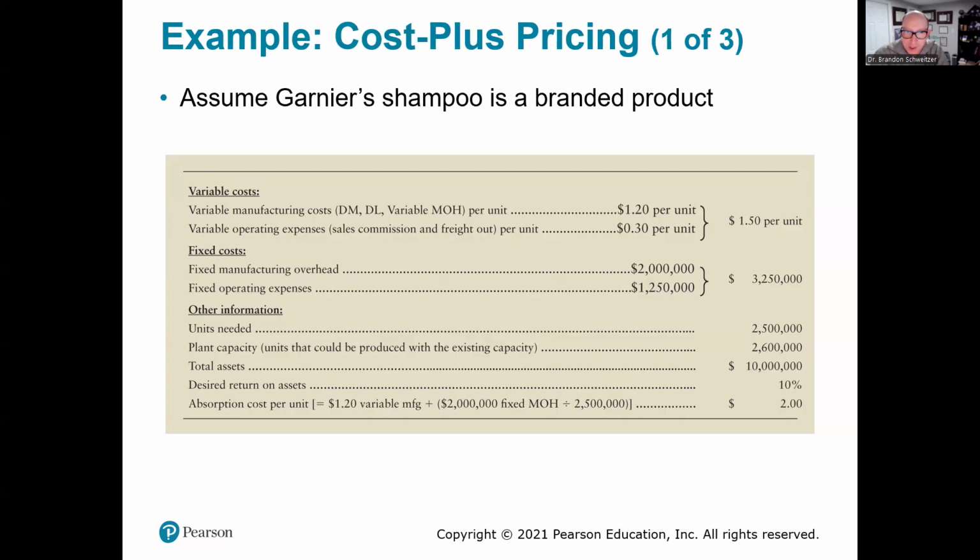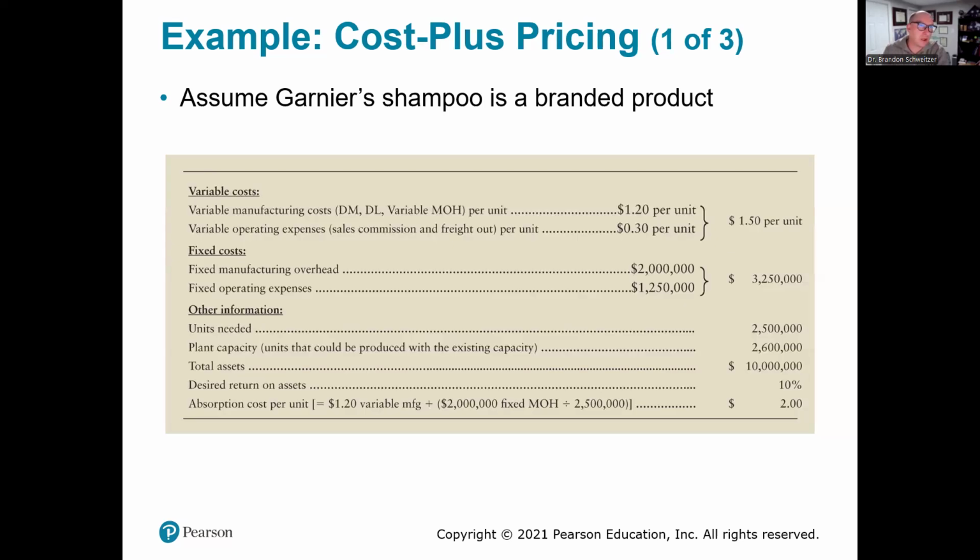We have some other additional information: the number of units that we need to produce, the capacity that we have available, our total asset value, and our desired return on our assets, also known as our internal rate of return. And then we also have an absorption cost per unit, our fixed manufacturing overhead divided by the number of units, giving us an absorption cost per unit of $2.